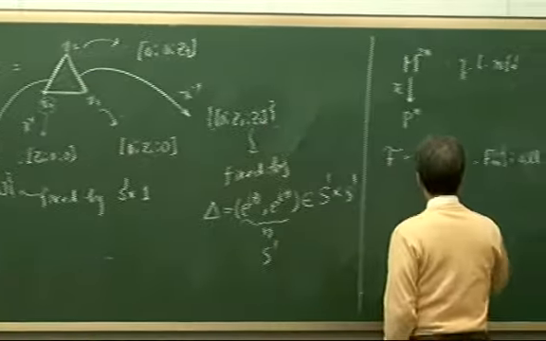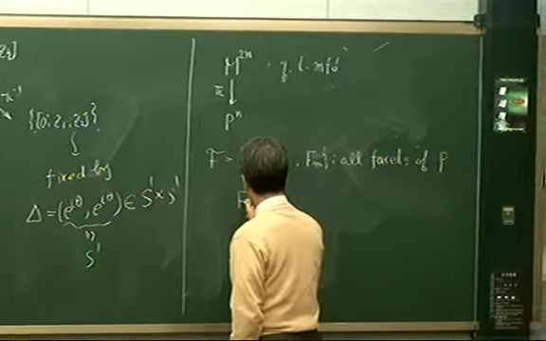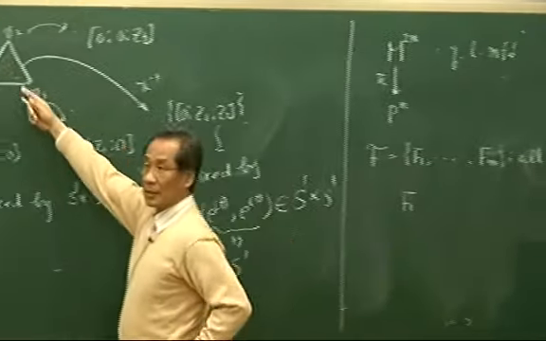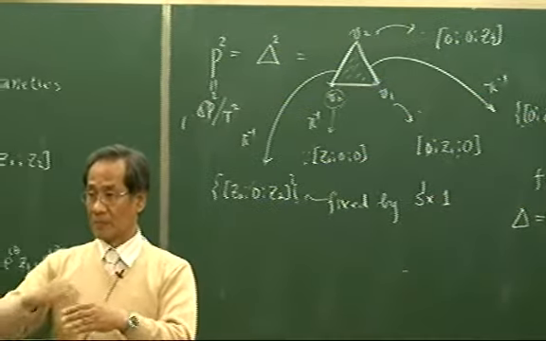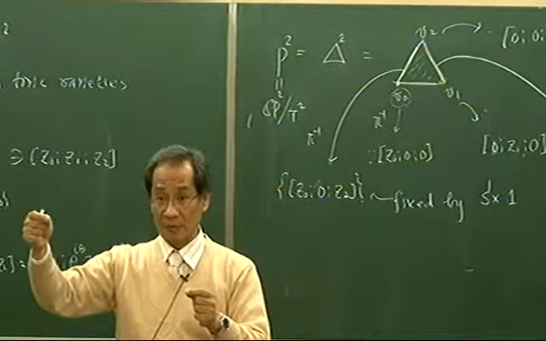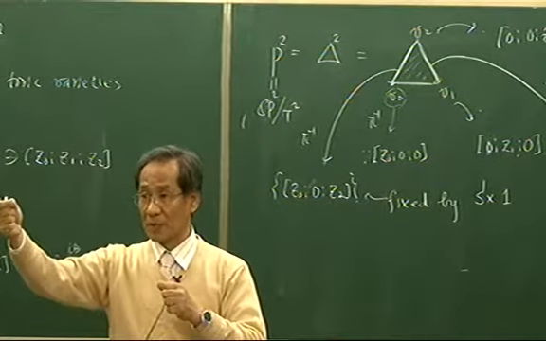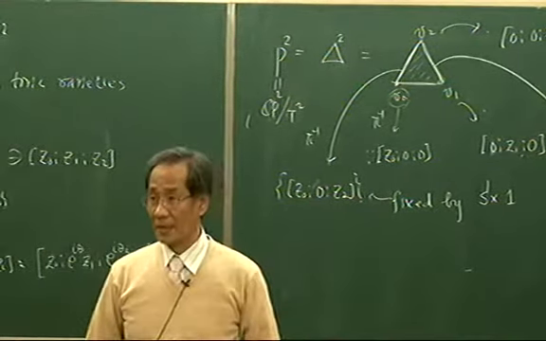Then, for each facet, the inverse image corresponds to the manifold fixed by a certain circle subgroup of Tn.